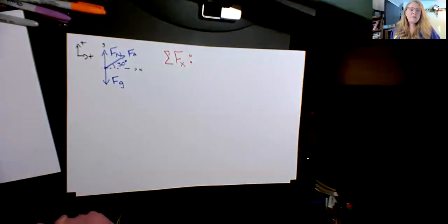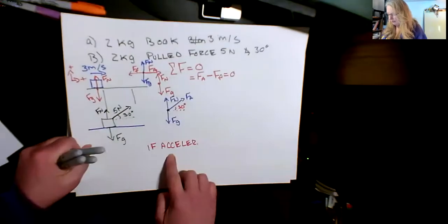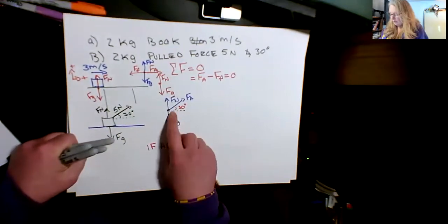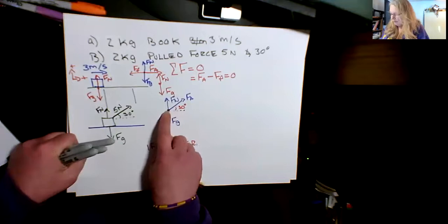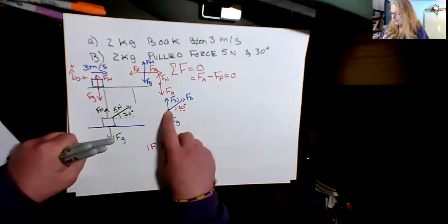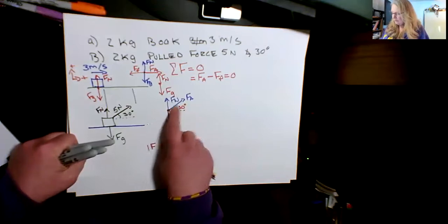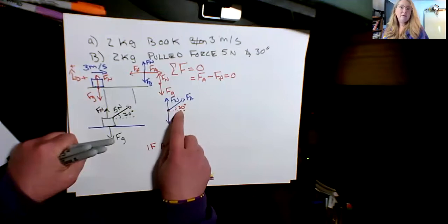So sum of forces in the x. One of the notes I have for myself, I wrote down on this page that it's accelerating. I want to be very clear here. If there isn't a piece of force this way, this thing has to be accelerating, because I have this force that's going to have a piece of the force in the x.